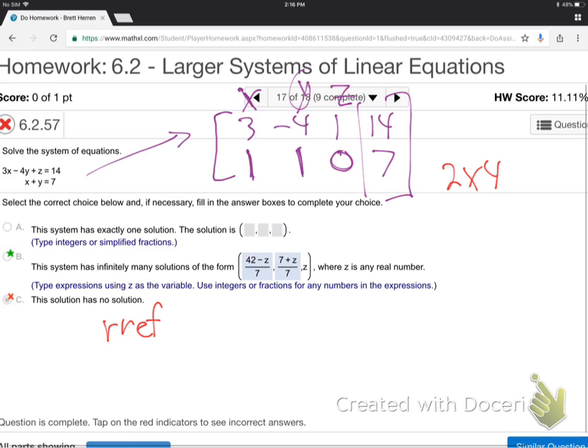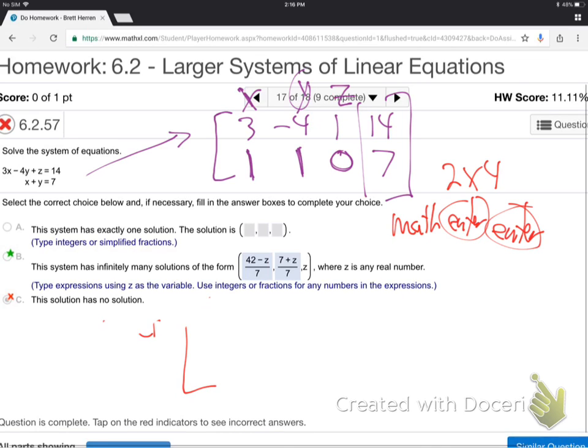Okay, so I did the RREF, and then I'm going to hit math, enter again, because I got some crazy looking decimal things. And I got the following matrix.